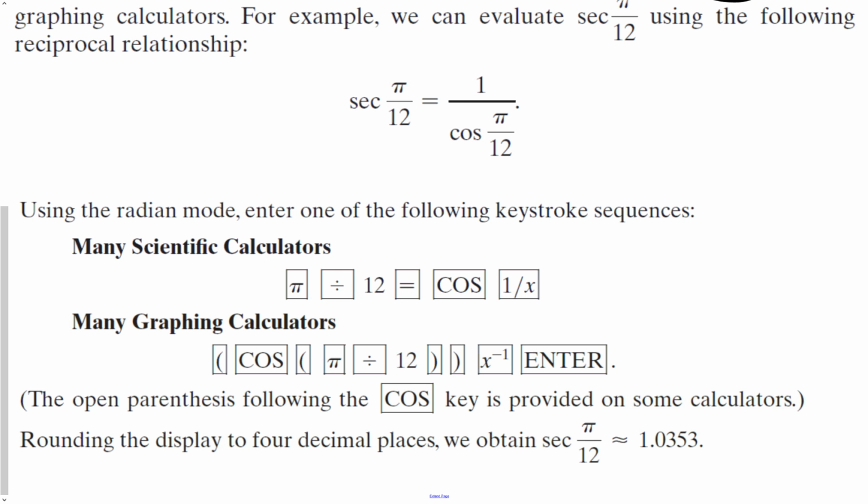Scientific calculators and graphing calculators are going to be a little bit different. The order that you press the buttons in is going to be a little bit different. So just experiment with your calculator a little bit. You might actually want to practice this and see if you can get that the secant of pi over 12 is equal to 1.0353.